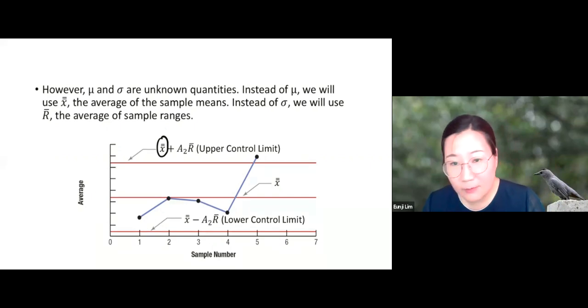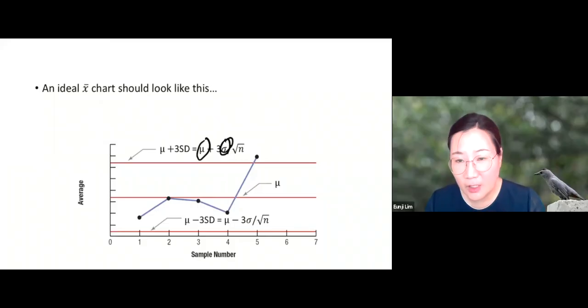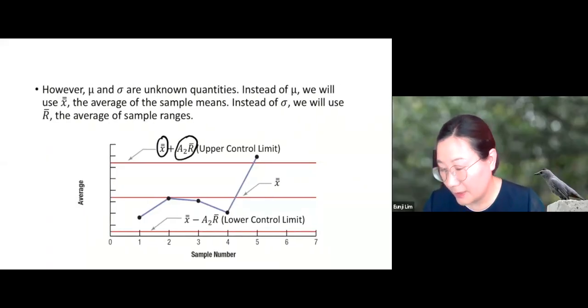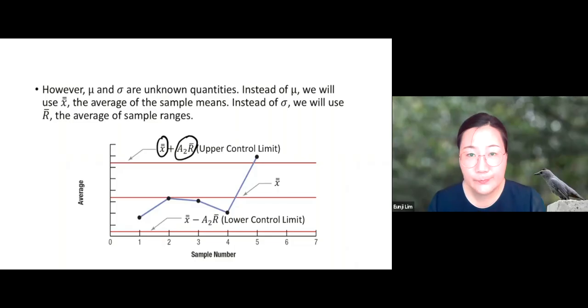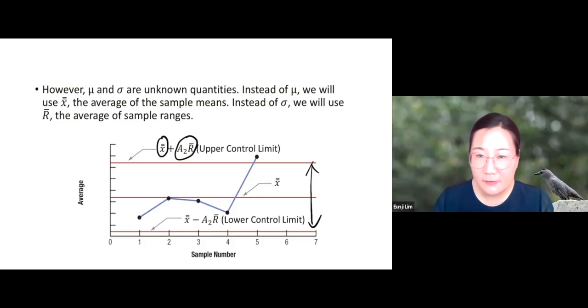And instead of sigma, we're going to use r bar, and we're going to use a formula like this, A2 times R. And according to the theories, 99.7% of the samples should be within these two limits if the process is in control.